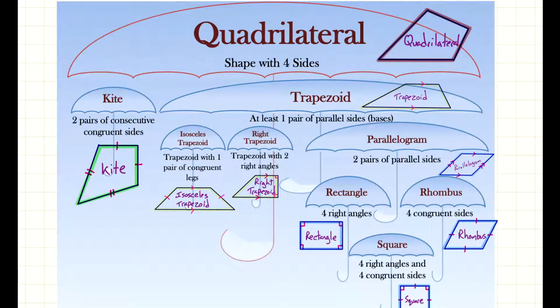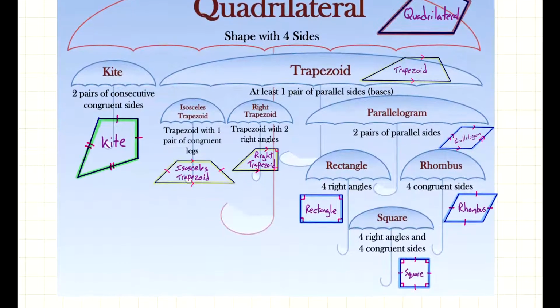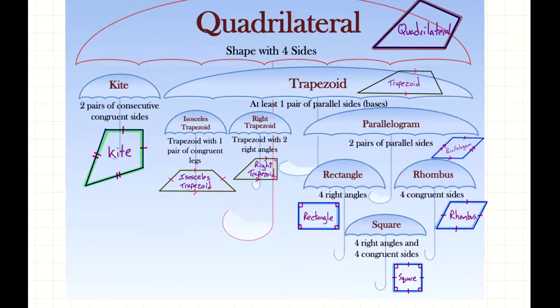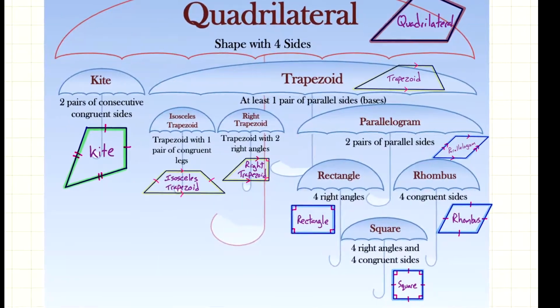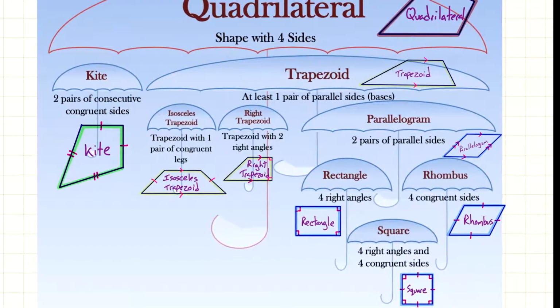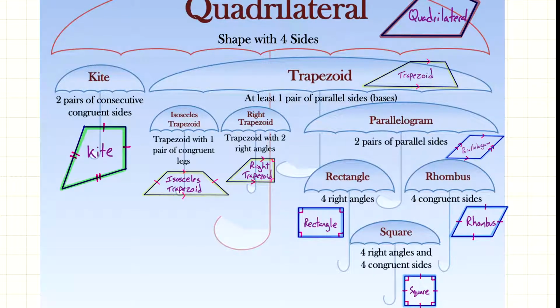More specifically, if it has right angles, it's a rectangle. If it has all sides the same, it's a rhombus. And if it has all those qualities, it's a square. So square is probably the most perfect quadrilateral. It has a lot more properties than everything else. So it really combines all the properties or characteristics of all the other shapes.